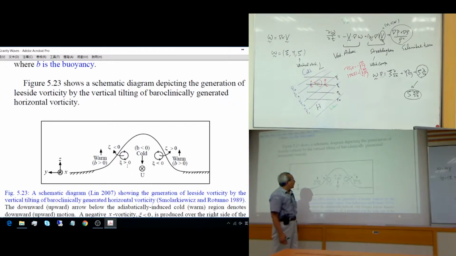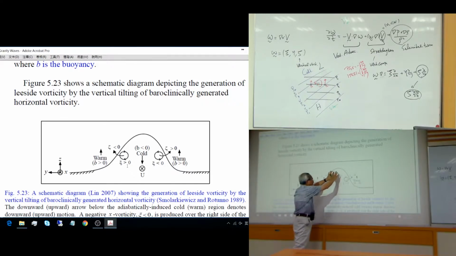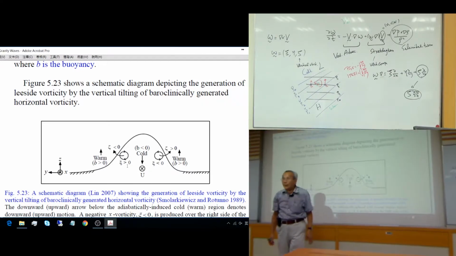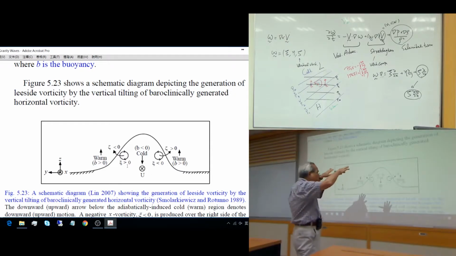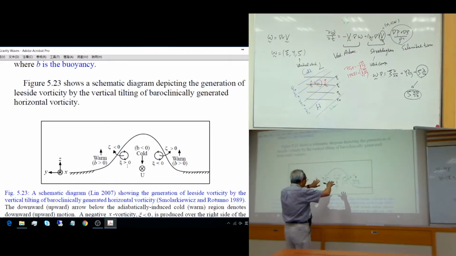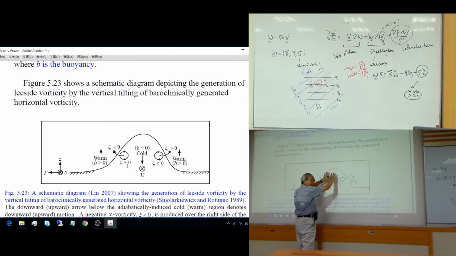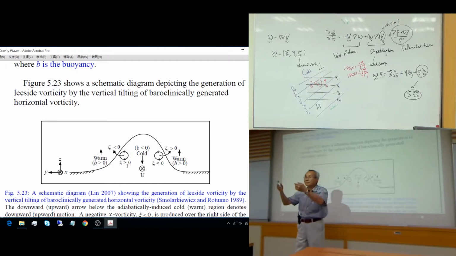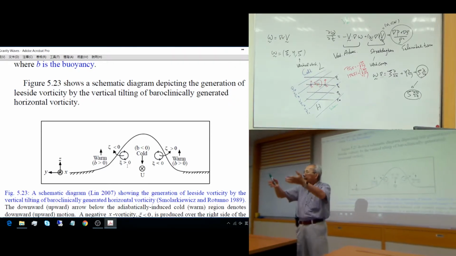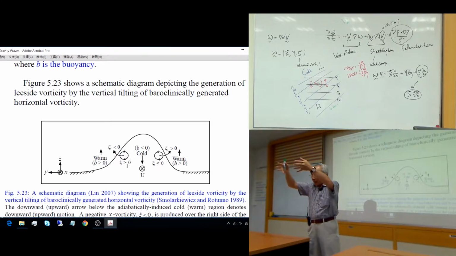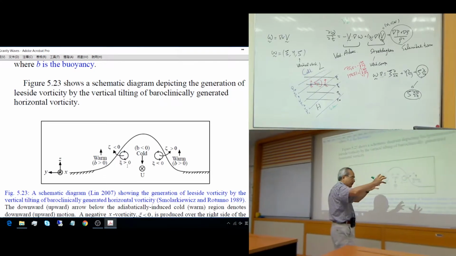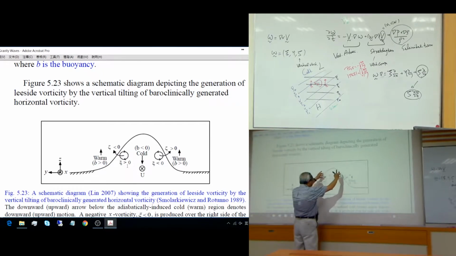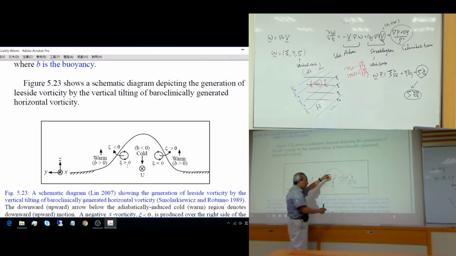What's going to happen? It's going to go up, agree? Air coming in bumps into the mountain and goes up. What happens when air goes up? It becomes colder, because it expands. So the air parcel coming here goes up, expands, becomes colder, so the colder air will sink down compared to here.